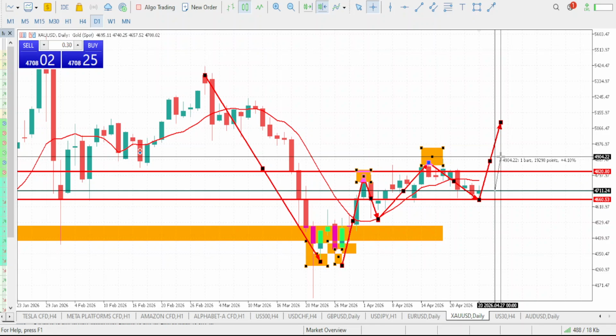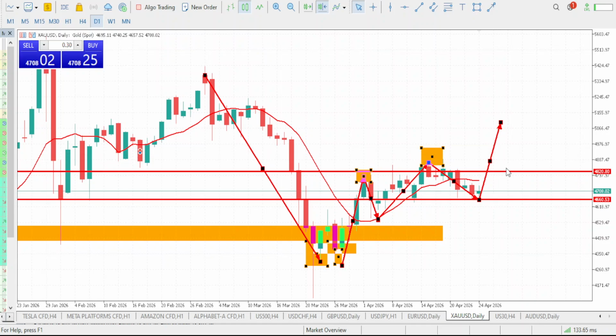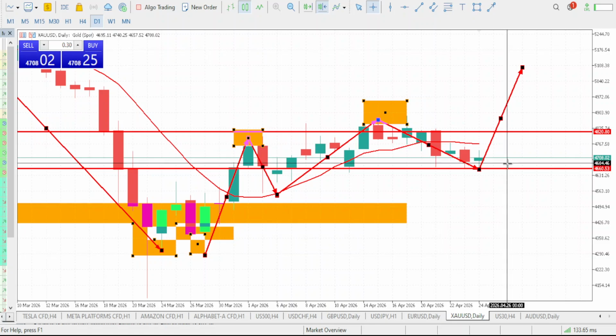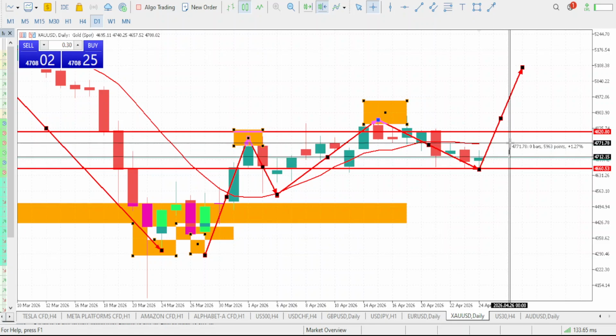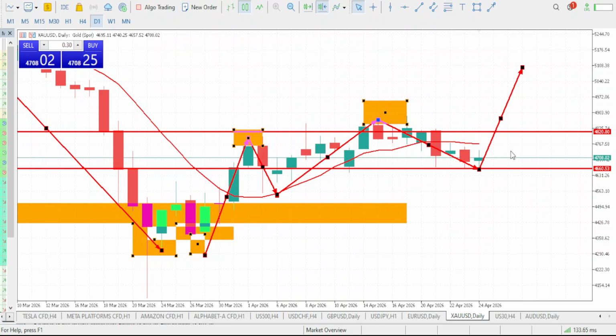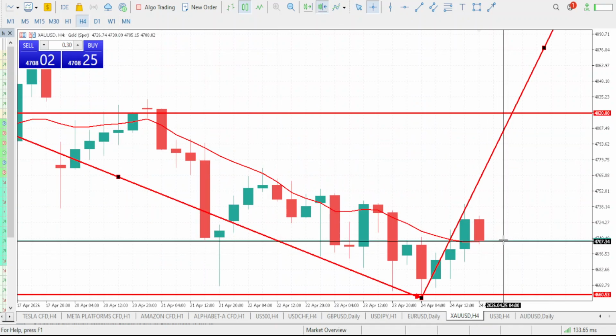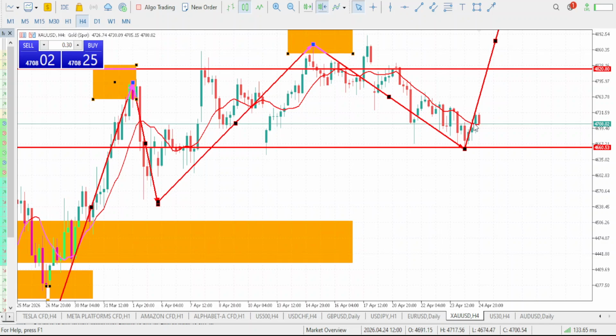So we will be expecting market to push up for a very, very long time, right? So a bullish move is exactly what we'll be expecting. More than 2000 pips is what we are going to be expecting. And if you take a look at it right here, this movement is about 200 pips, right? So we will be expecting nothing less than 2000 pips on this year gold.